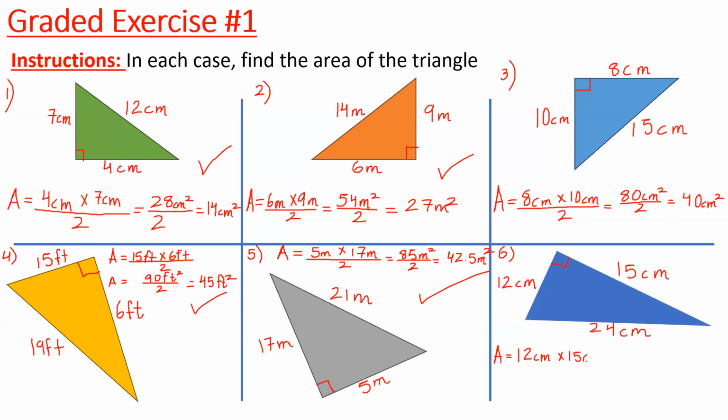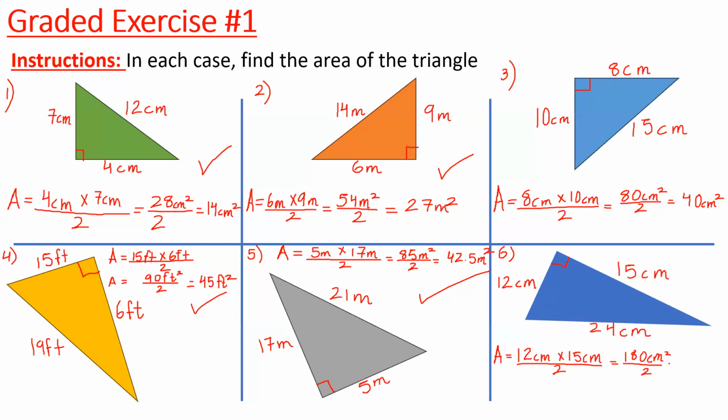Well, we have the divided by 2, right? What is 12 multiplied by 15? 180 centimeters squared, divided by 2.